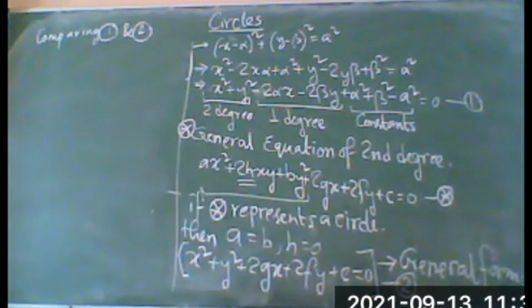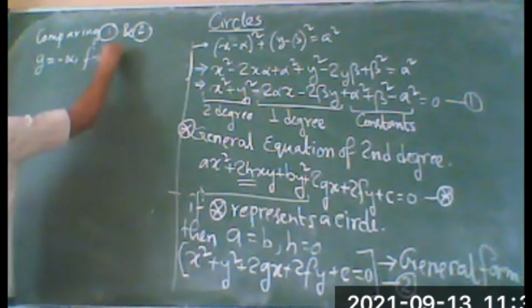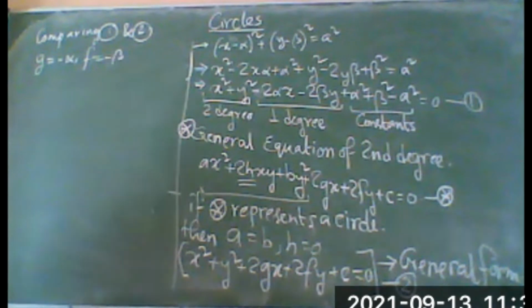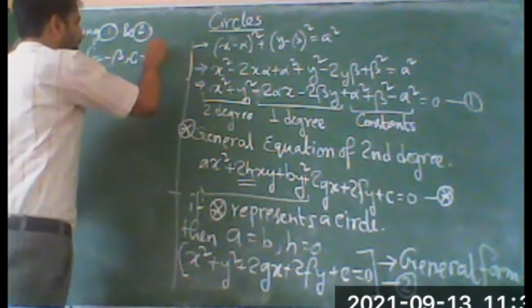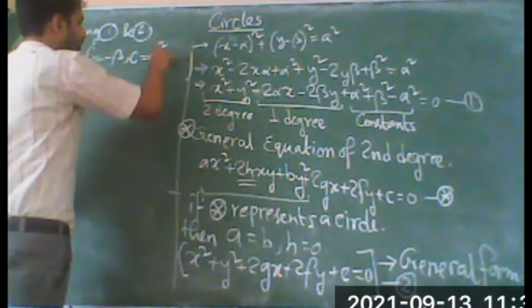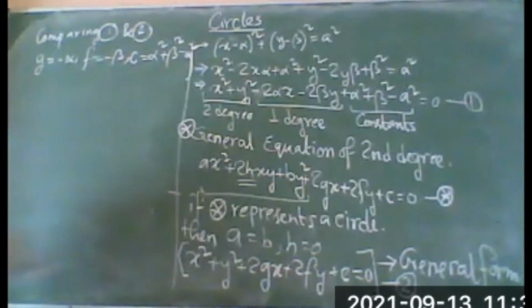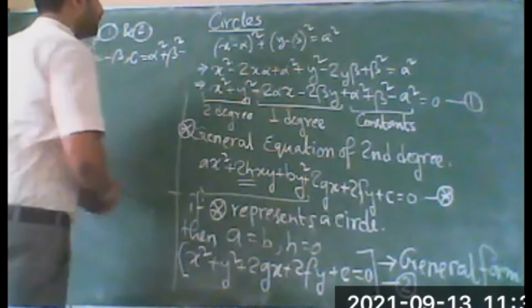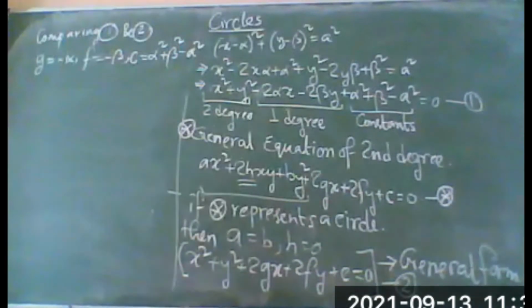Comparing these two, we can get that g is equal to minus alpha, f is equal to minus beta, and c is equal to alpha square plus beta square minus a square.